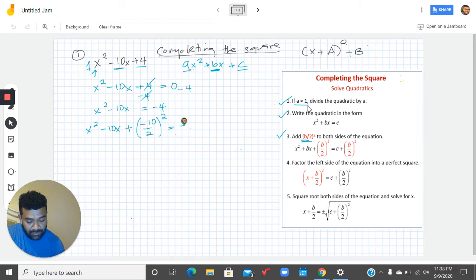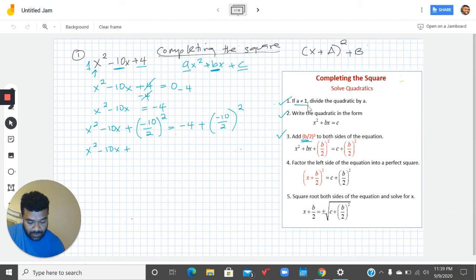So now you have a negative 4 plus, open parentheses, negative 10 divided by 2, the whole thing squared. And if we continue further, we will have x squared minus 10x plus negative 10 divided by 2, which is just negative 5, and the negative 5 squared, if you put in the parentheses, is going to give me a positive 25.